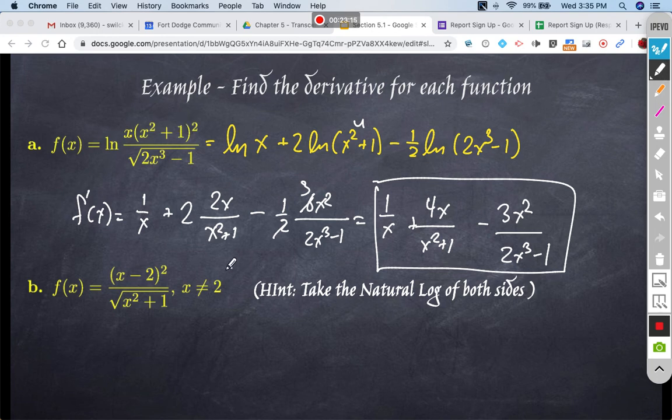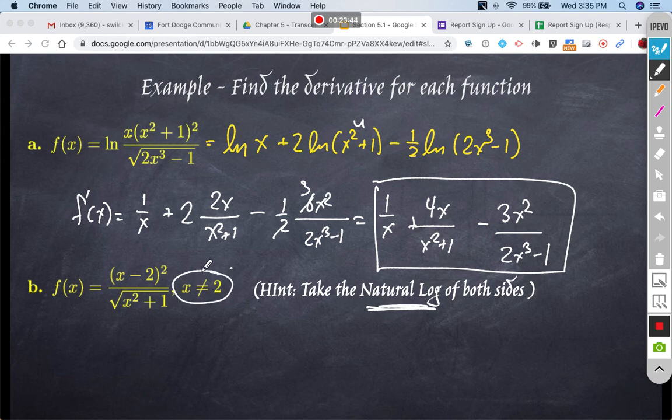Now here's the real cool one. When we look at this one, we can do this right now because it's, well, this is something like a nasty problem I gave you in chapter 2. Because again, we have the quotient rule and we have the chain rule, and we can work through and do that. But we're going to use logarithms to help us do this, and we're going to take the log of both sides.